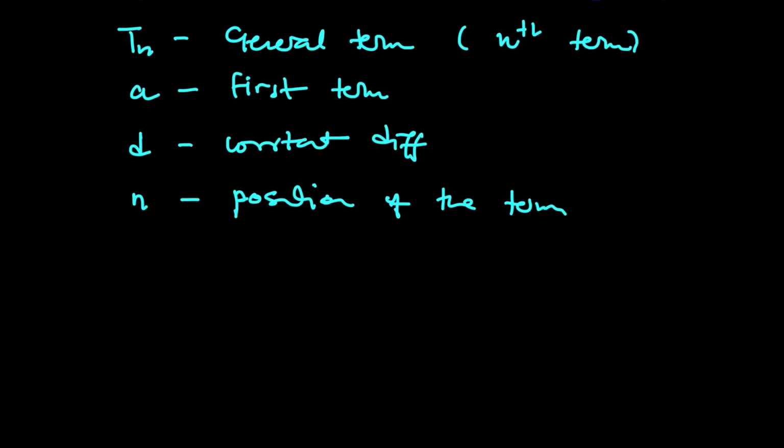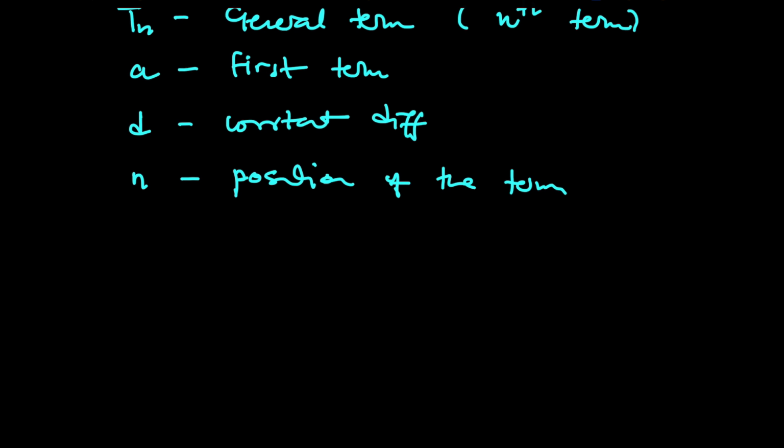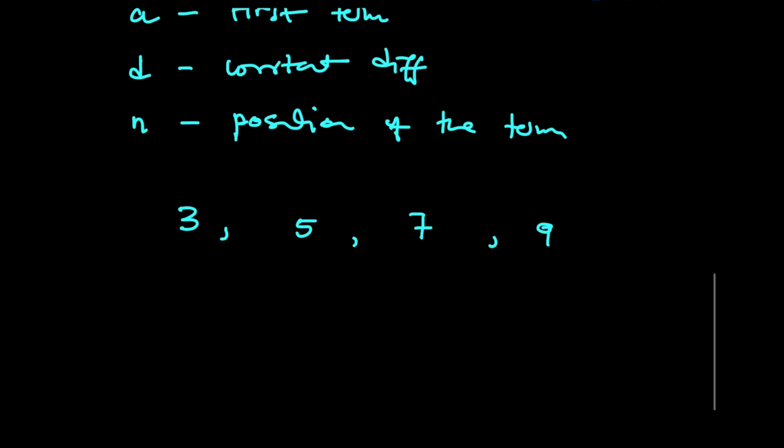Okay, let's continue. Let's say, for example, we have got a sequence of 3, 5, 7, 9. So obviously, what is your A here? Your A, which is your first term, is 3. But what is the constant difference between the terms? 5 minus 3 is 2.